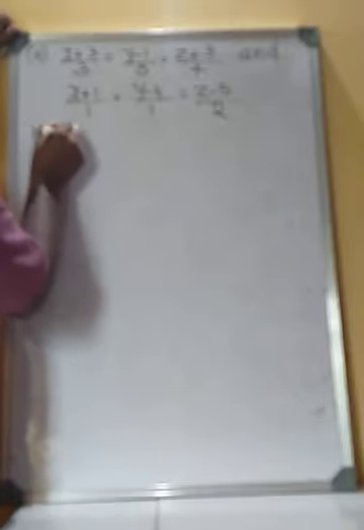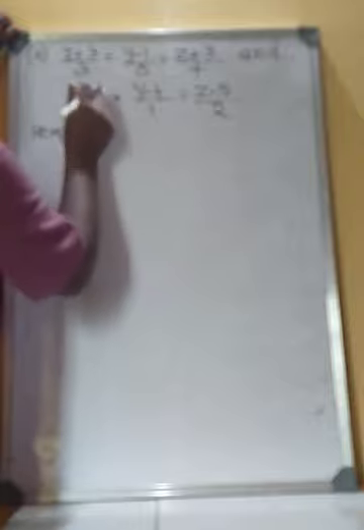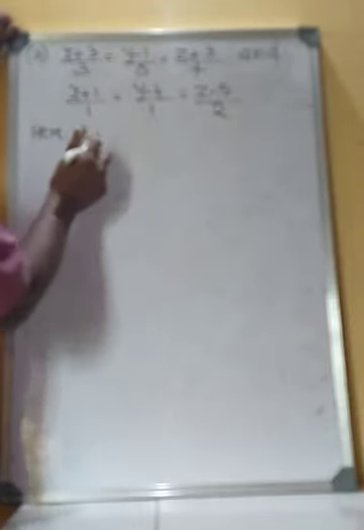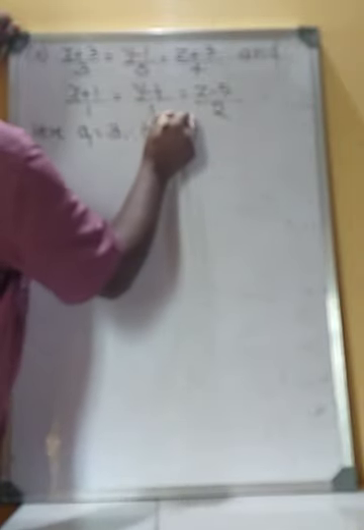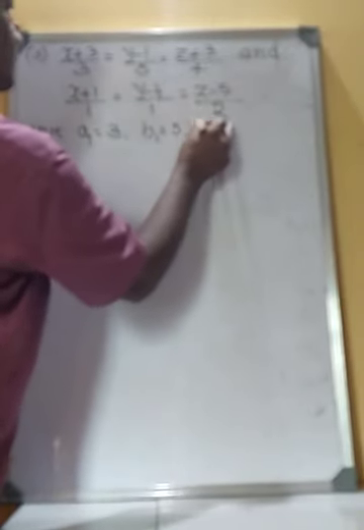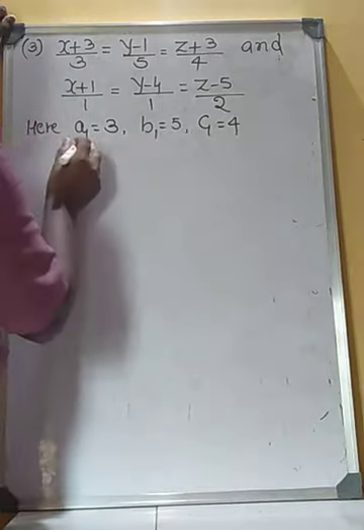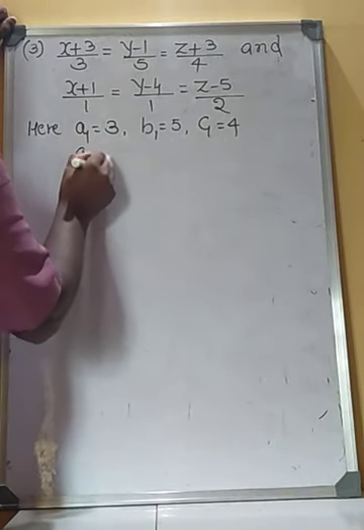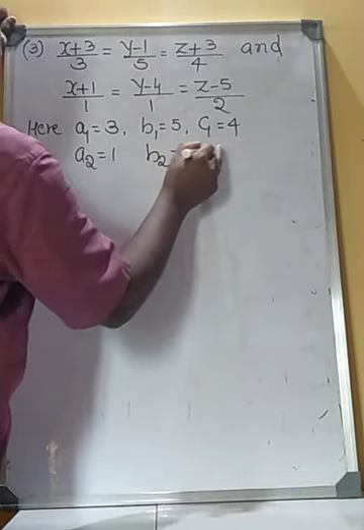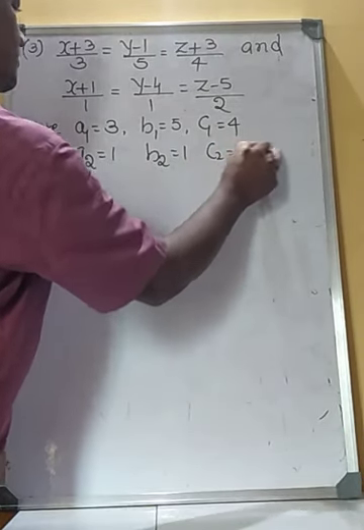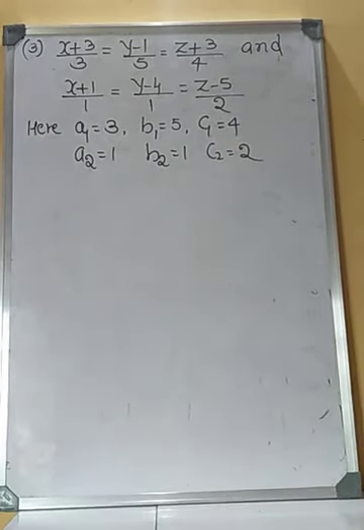Here a1 is 3, b1 is 5 and c1 is 4, and a2 is 1, b2 is 1 and c2 is 2.